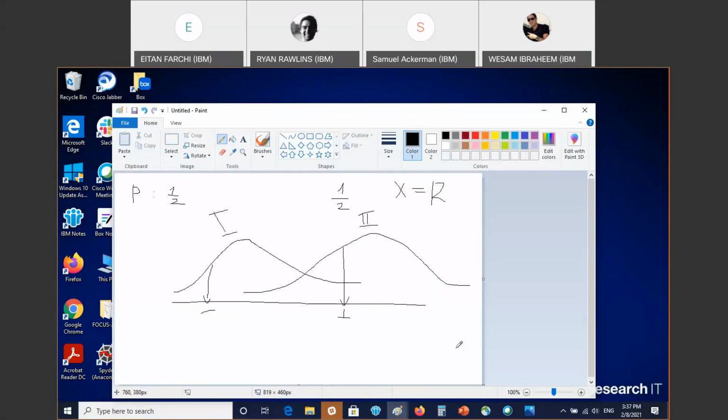Is it to basically take the lowest point of the intersection of the densities and then give it minus 1 if it's on one side and plus if it's on the other? Yes, that's basically the Bayes rule.